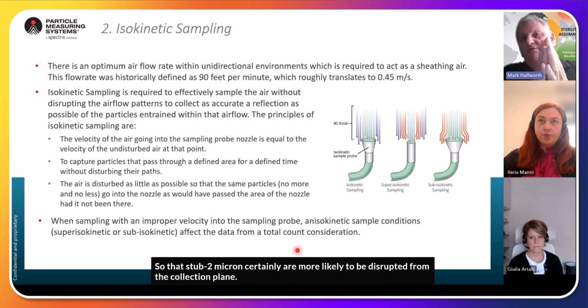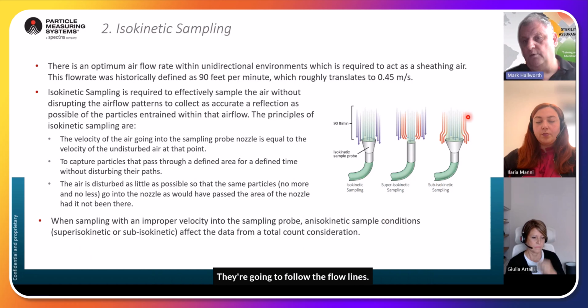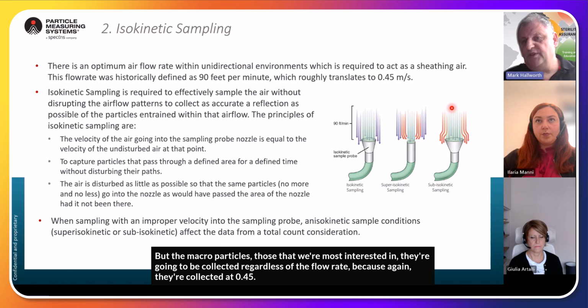So it's that sub 2 micron certainly are more likely to be disrupted from the collection plane. They're going to follow the flow lines. But the macro particles, those that we're most interested in, they're going to be collected regardless of flow rate, because again, they're collected at 0.45.